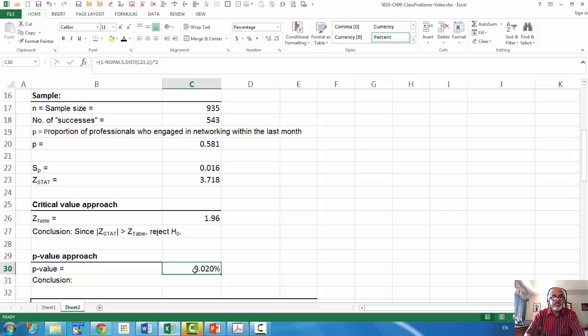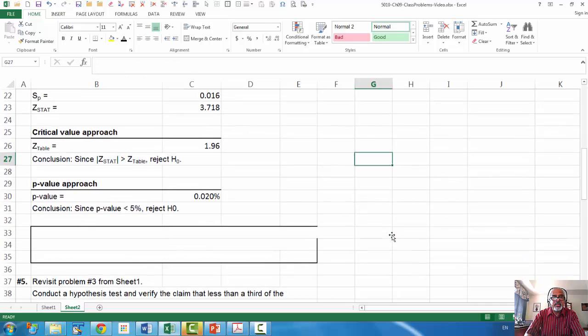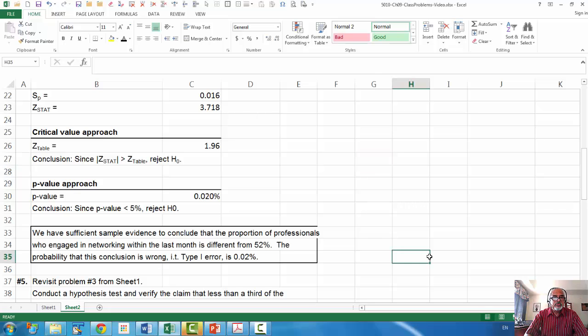Okay. So since the p-value is less than alpha, then we can reject the null hypothesis, and our interpretation, again a two-part interpretation, is we have sufficient evidence to conclude that the proportion of professionals who engaged is different from 52%, and the type 1 error probability is 0.02.